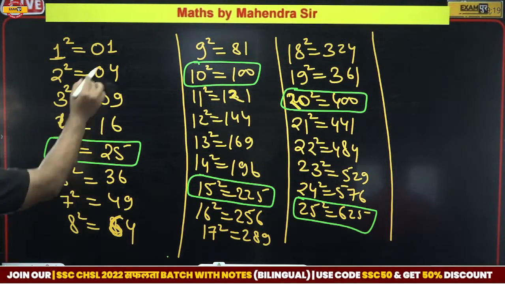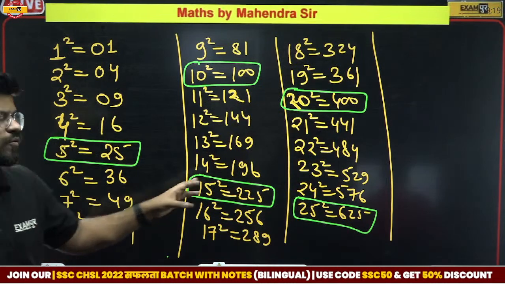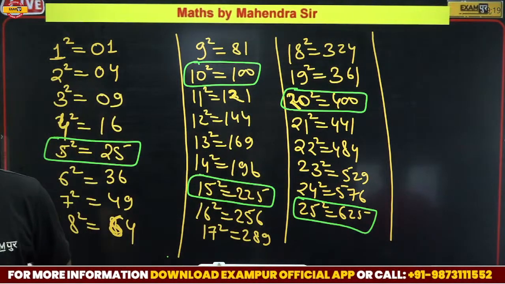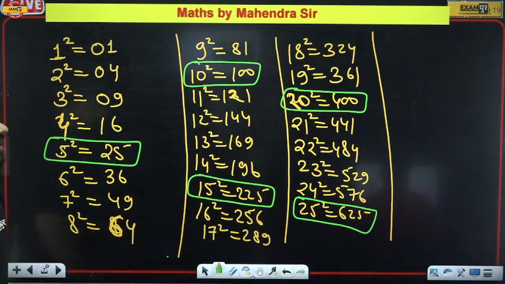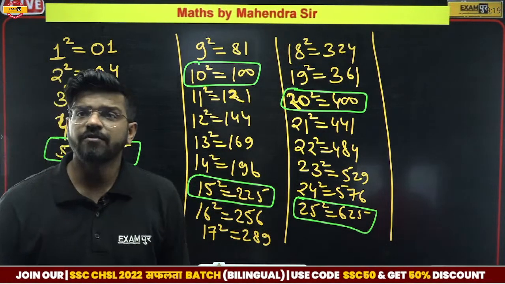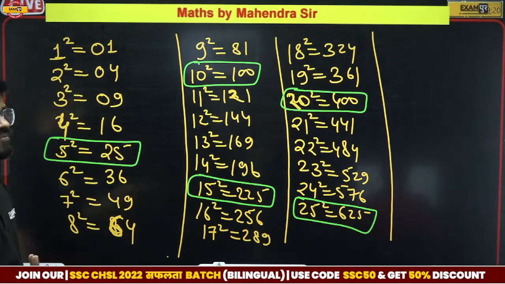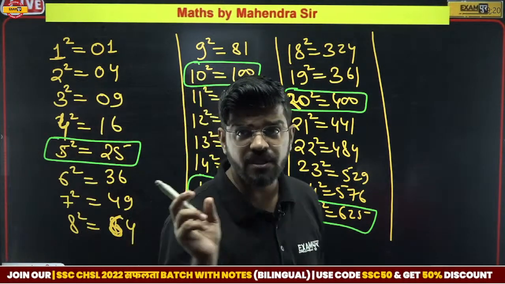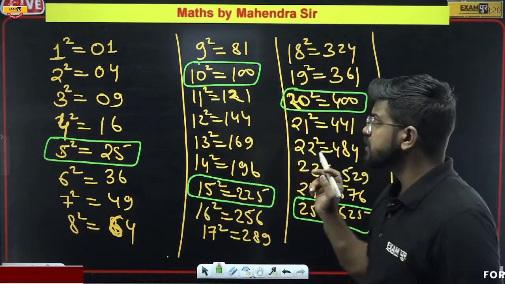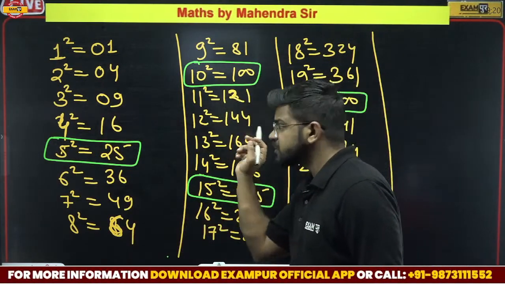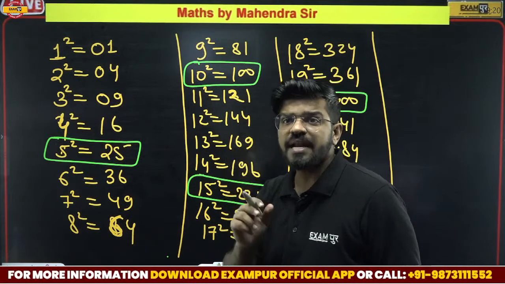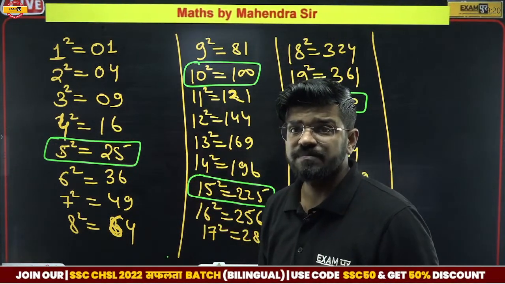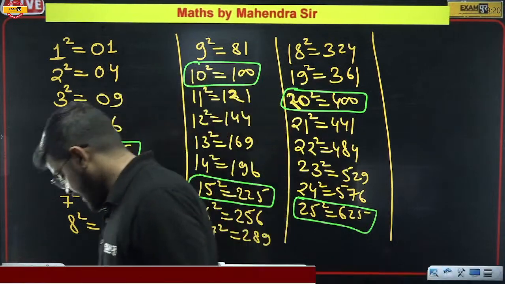That means if there is 01, there must be 01 in other squares. So is there any number? 144. 144 matches with which number? Last 2 digits you have to see. So 144 has last 2 digits 44. So which number has 44 as its last 2 digits? Tell me.